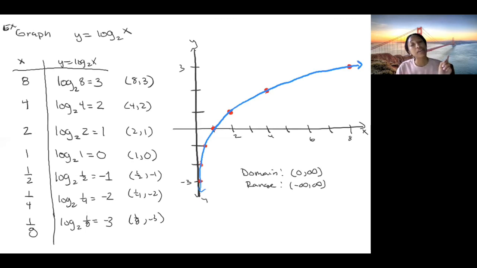This time, instead of having a horizontal asymptote, because we cross the x-axis, we actually get a vertical asymptote. And the vertical asymptote is at the y-axis, x equals 0. And last thing, instead of having a y-intercept, we get an x-intercept. And the x-intercept was at (1, 0).